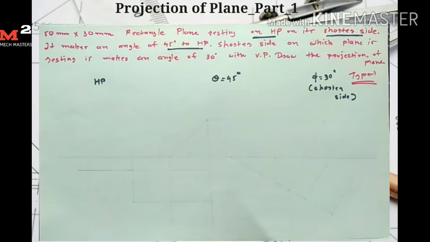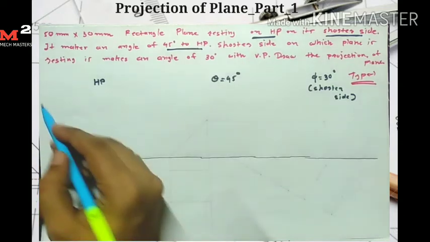Here in this problem, the plane is resting on HP, so I draw its true shape on the horizontal plane. For that, first I draw the reference line XY. Now the plane is resting on HP, so I draw this rectangle on the horizontal plane.